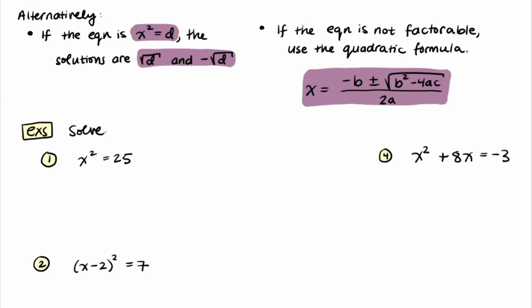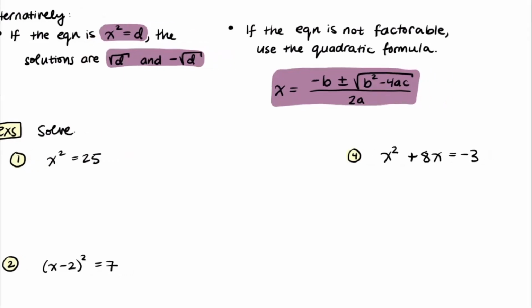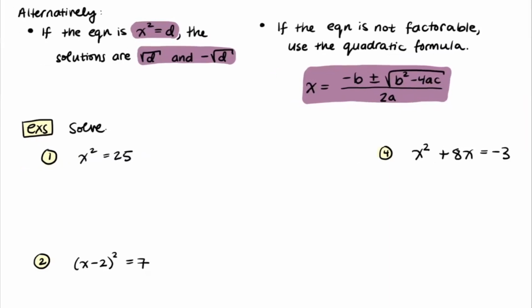If you recognize that this has the same format as I'm saying here, I know we haven't talked about square roots yet, and we will in the next unit, but what this is saying is that x equals the square root of 25, and x equals the negative square root of 25, and that's 5 and -5. So here are the 2 solutions to that.